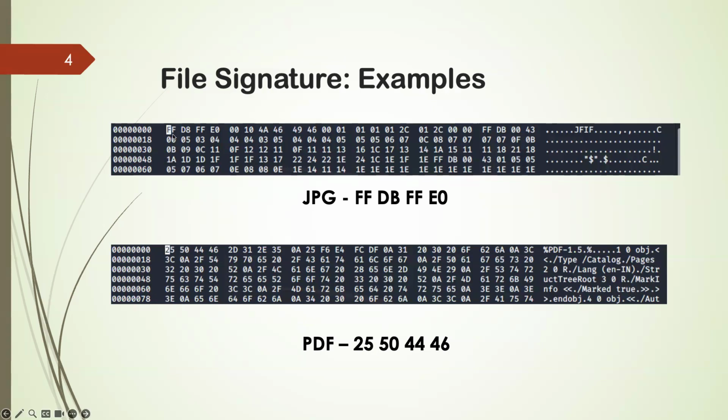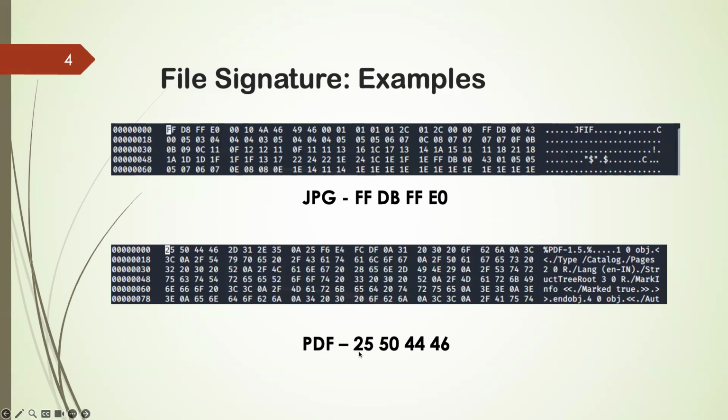And if you open this JPEG file in any hex editor, such as WinHex, Notepad++, or any other hex editor, you can see the first 4 bytes of that file, no matter what is inside the file, whether it's an image of a rocket or an image of a park or whatever the data is. This file signature will be there in the beginning of every JPEG or JPG file.